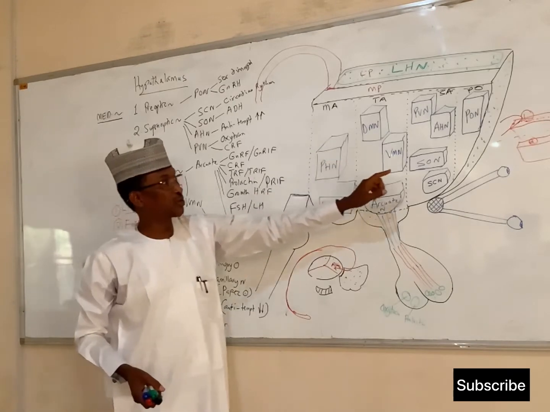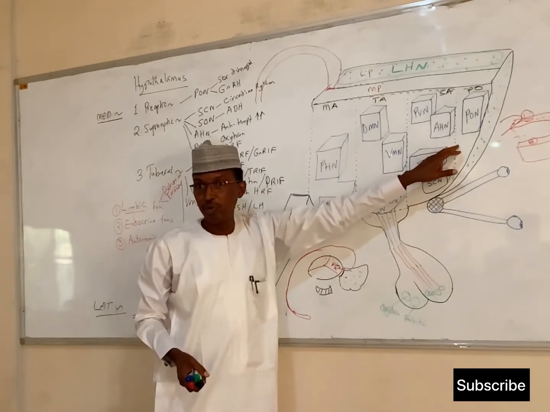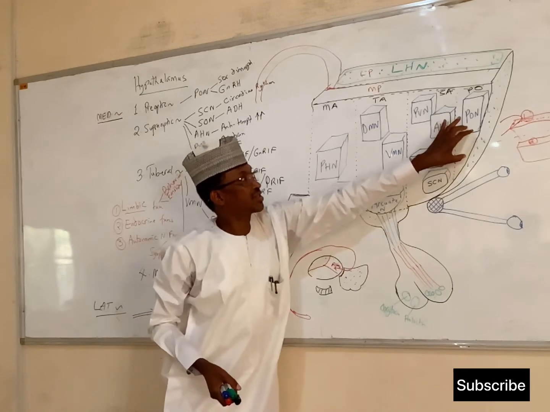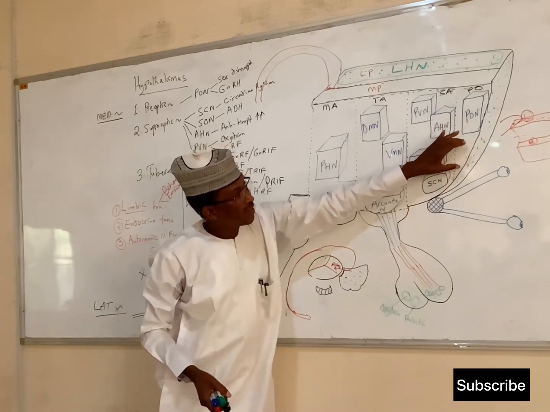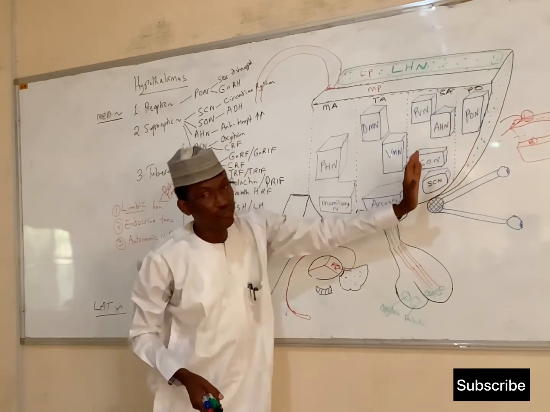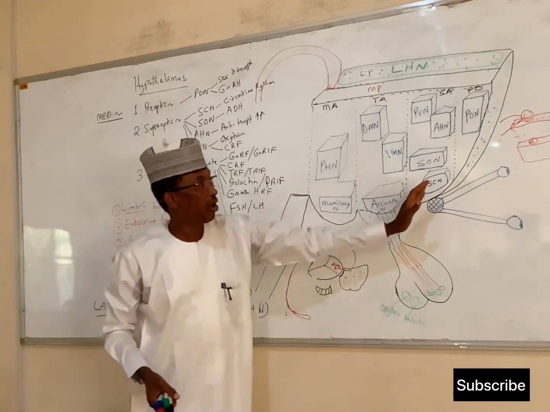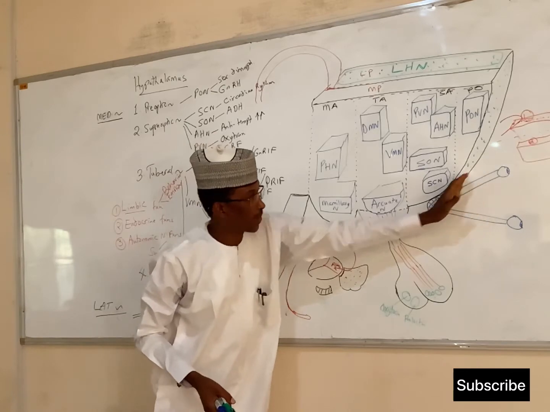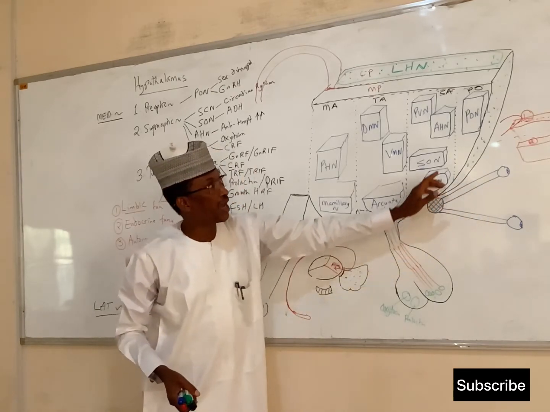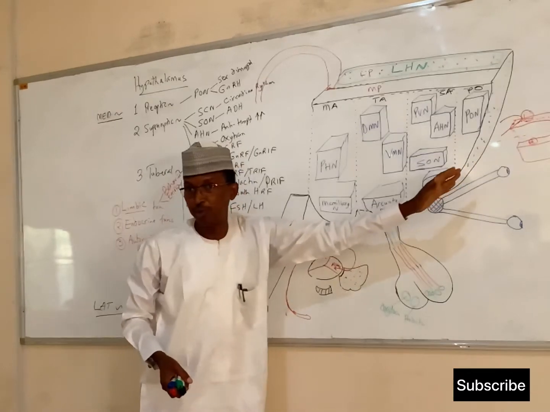When you now take the pre-optic group of nuclei, that means this is a group of nuclei that are lying before the optic chiasma formation, before the optic nerve comes into the optic chiasma. Are you clear? So it is called pre-optic.